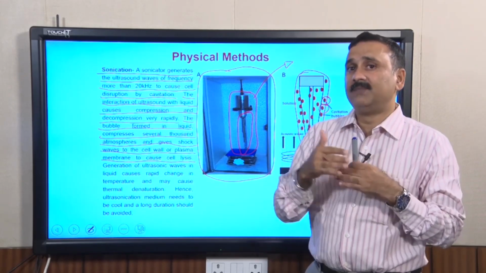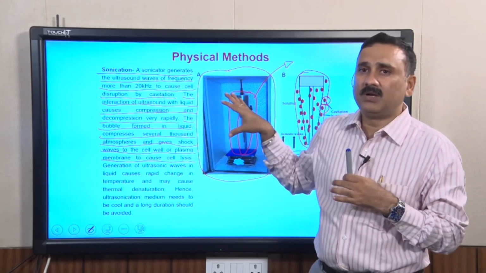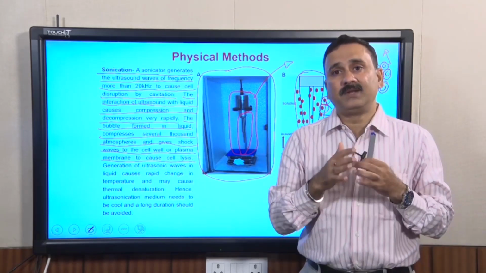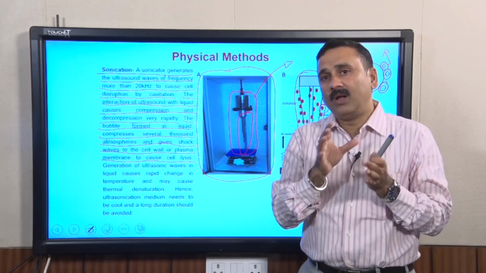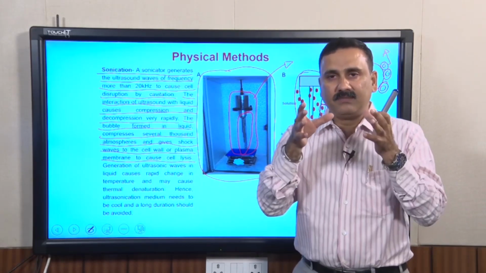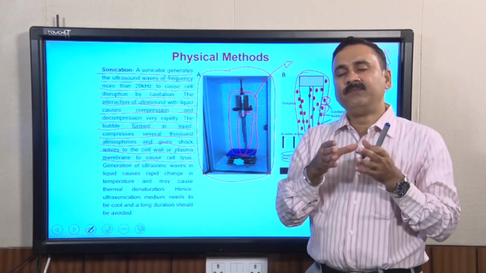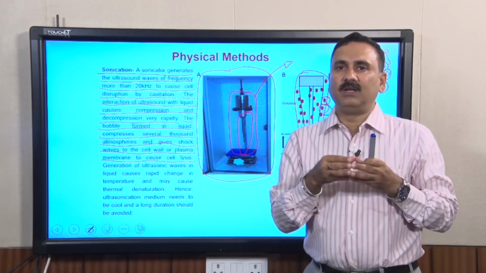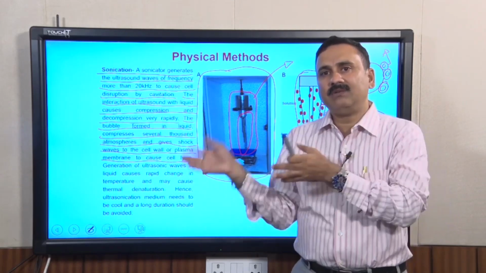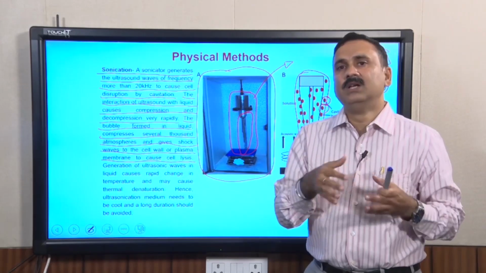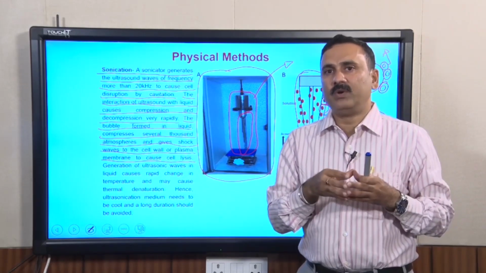So, as a result, the temperature of this vessel which you are going to put for sonication has to be maintained, and that is why all these vessels are kept in an ice bucket or some kind of ice bath, so that while you are doing the sonication, the temperature of the liquid should not change, because that eventually is going to affect the quality of the product which you are going to get.